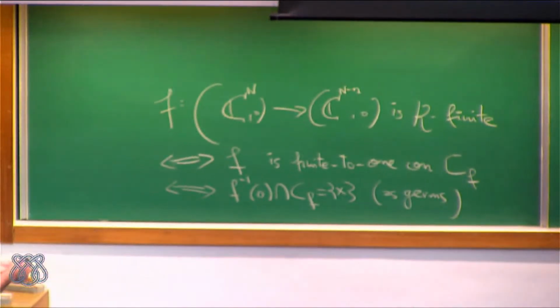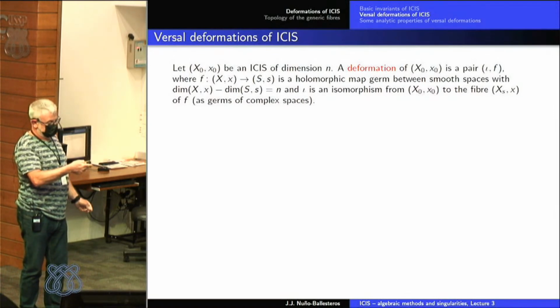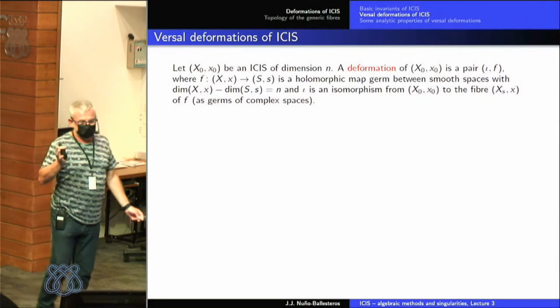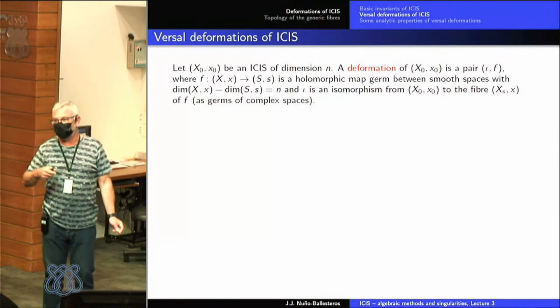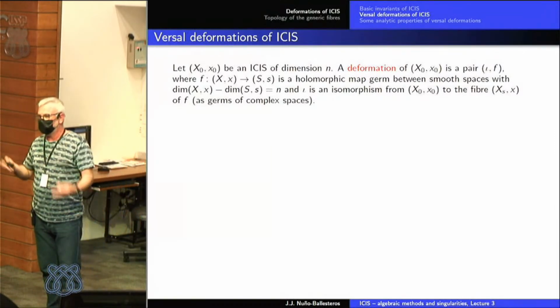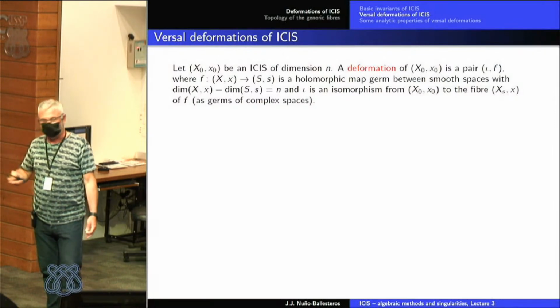So it's better to consider a general f from a general manifold X to a general manifold S. The only condition is that the difference of the dimensions is n, and the fiber, of course, is isomorphic to the ICIS. In particular, this is an advanced comment: this implies that this mapping is flat, which is a non-easy notion in algebraic geometry.